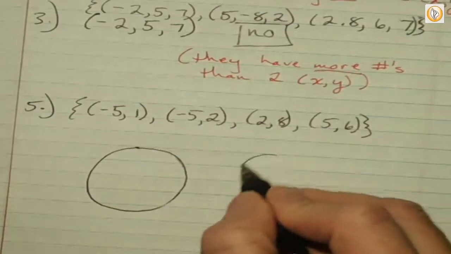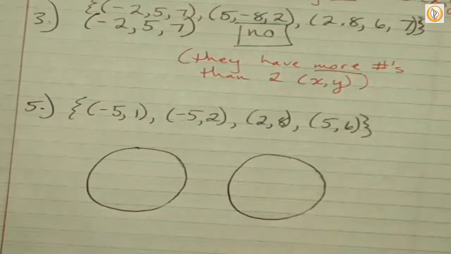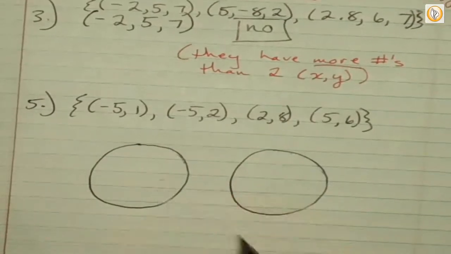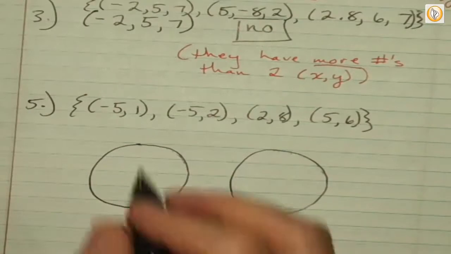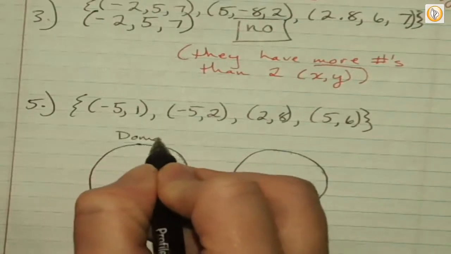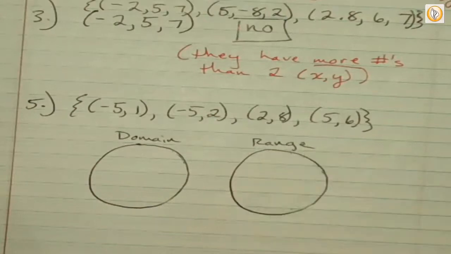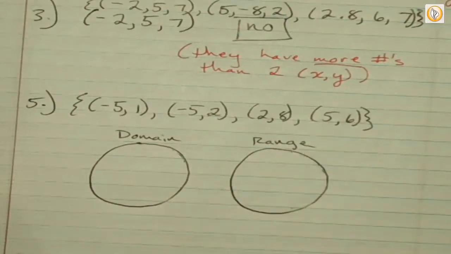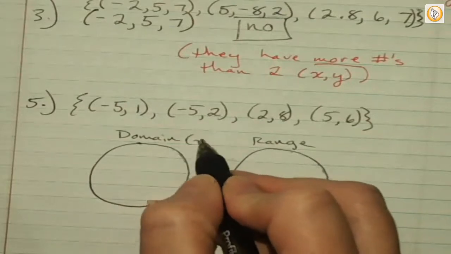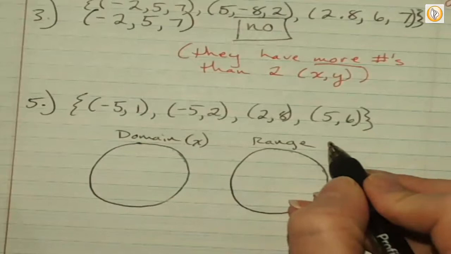So we're going to draw our 2 circles. And Franz, make sure you write all of this down so that you can catch up, okay? So this is going to be my domain, and you don't normally have to write domain and range. I'm just writing it up there for Franz's sake, by the way. Now, Franz, your domain is your X, and what's our range?